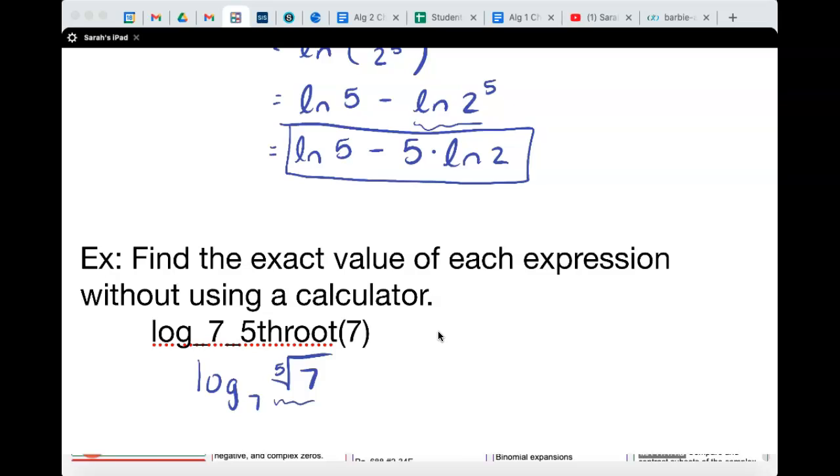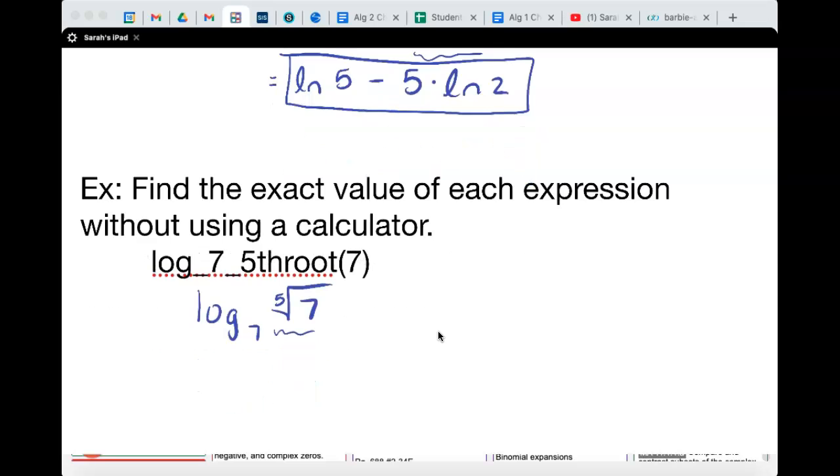No, this is a lesson that nobody ever likes in algebra 2. Rewriting a radical as a fractional exponent. Something that cancels out. Are we thinking about 7? So I can write 7 to the first power.